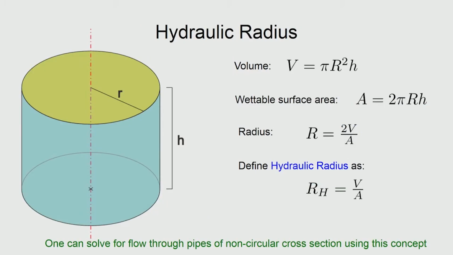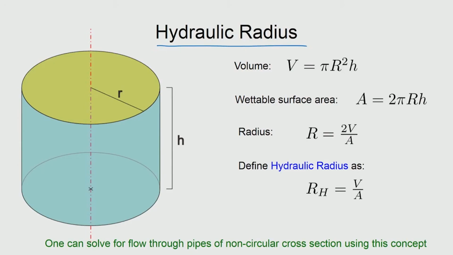So, when we have a pipe that does not have an exactly circular cross section, then what do we do? Here is a concept that could be of use to us. The concept is basically the hydraulic radius. When we look at the volume through which the liquid is flowing, which would be given by the cross sectional area, pi r square, times h, that is the volume through which the liquid is flowing.